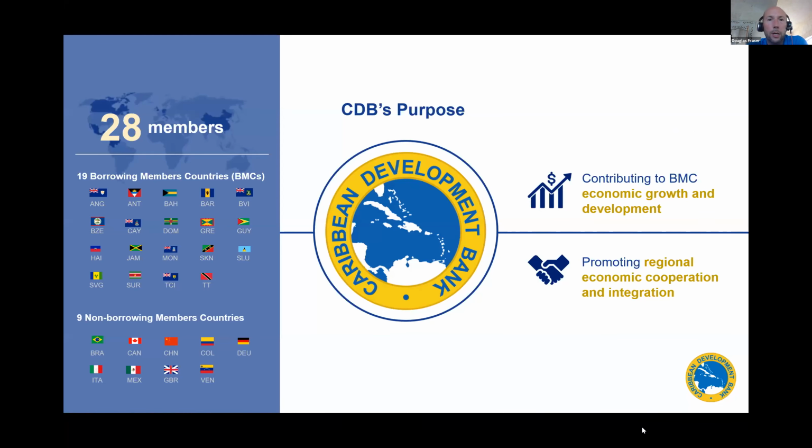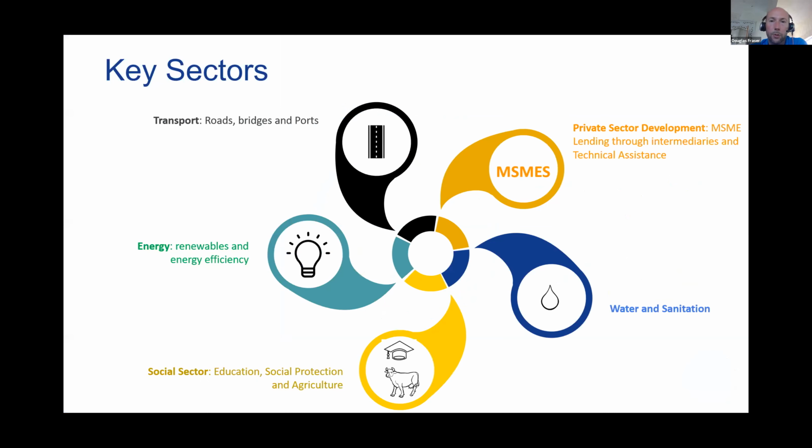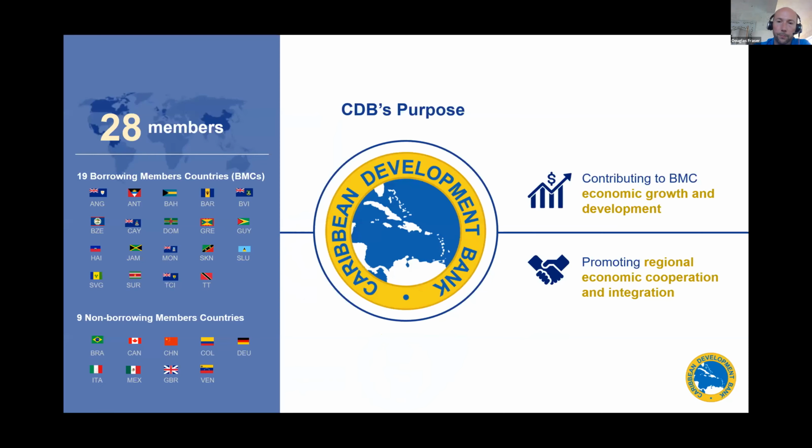So just to introduce the bank, we turned 50 last year, so we've been around for a while. We're the only multilateral development bank solely focused on the Caribbean region. And as you see, we have a number of objectives, seeking to contribute to the economic and development progress of our countries and to promote economic and regional integration.